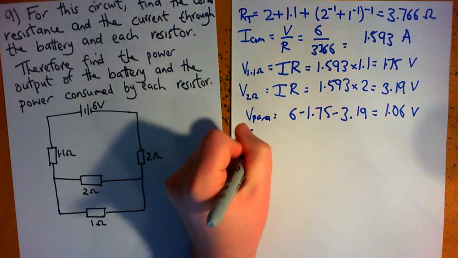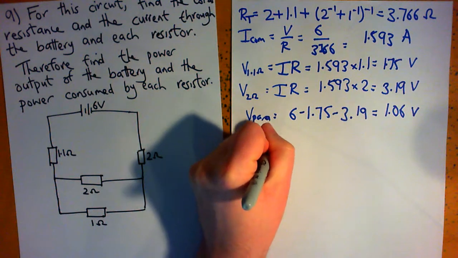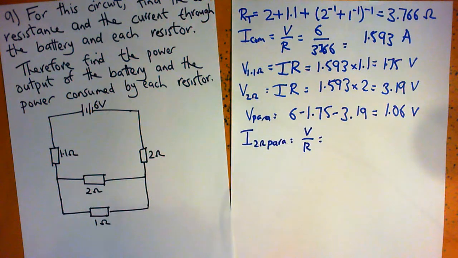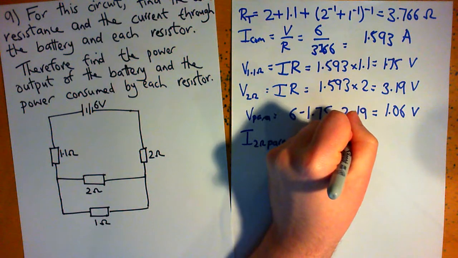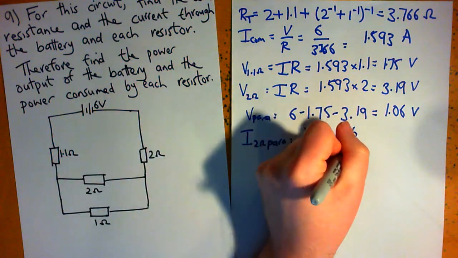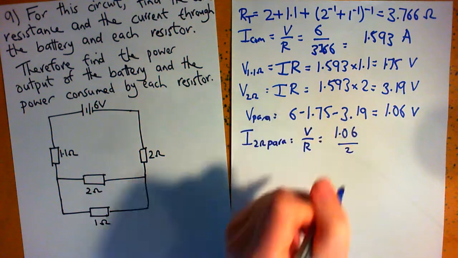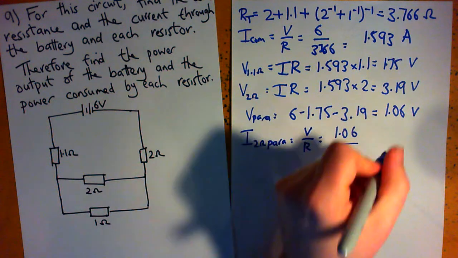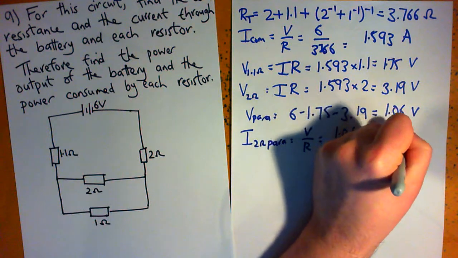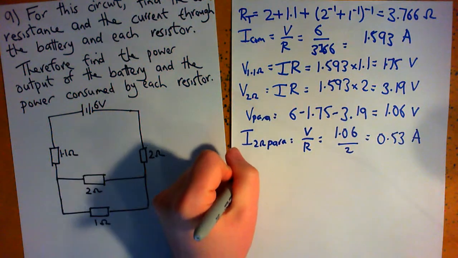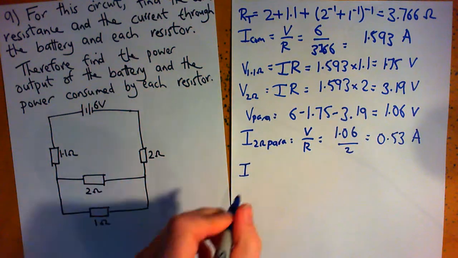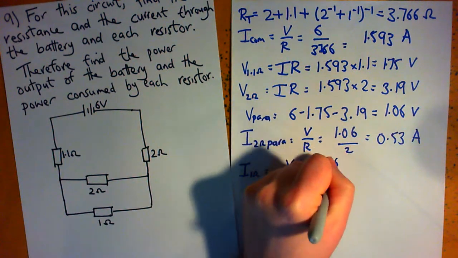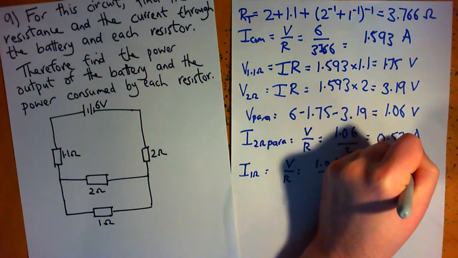The current going through the parallel 2 ohm resistor is V over R. The voltage across it, looking at the parallel part of the circuit now, is 1.06, and we divide that by 2 because its resistance is 2 ohms, and that gives us 0.53 amps. Now the current through the 1 ohm resistor is V over R, which is 1.06 divided by 1, which is 1.06 amps.